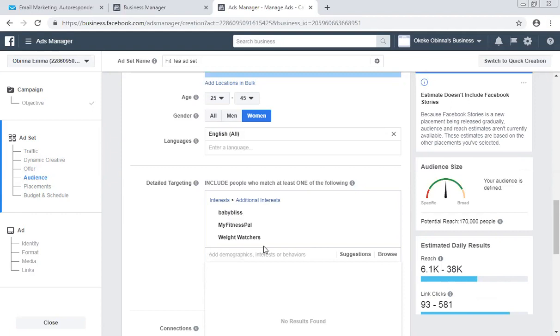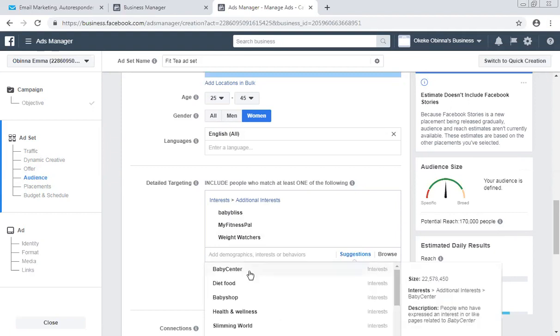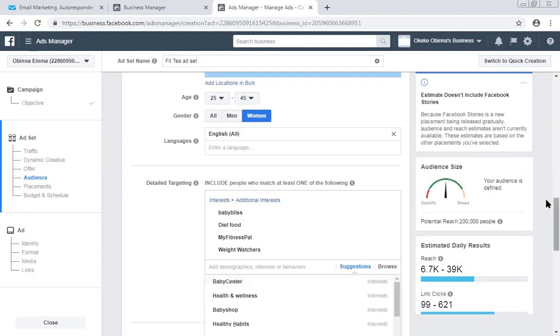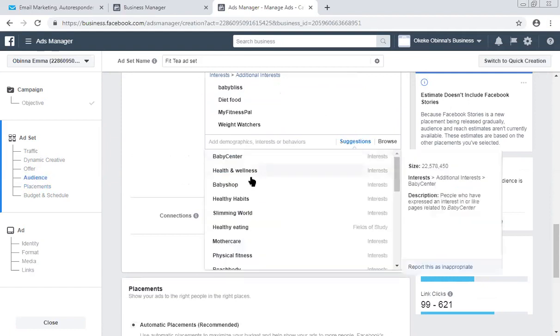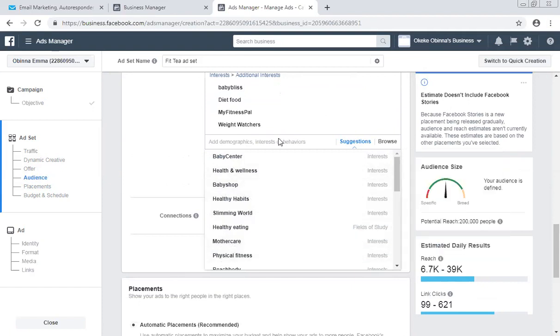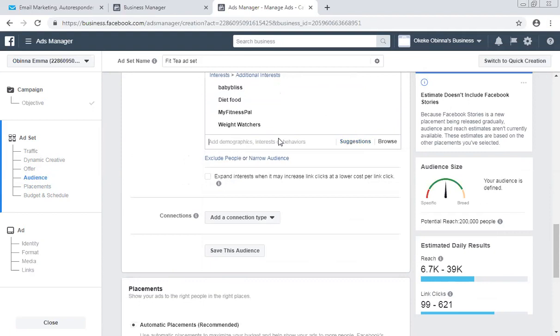When you click on suggestions, you can see Baby Center, diet food. Diet food is good. Of course, so many people that want to lose weight are interested in dieting, right? You click on suggestions again, and you can see Slimming World, healthy eating, physical fitness. So you can even get enough interests to target from here. I repeat, you just have to do your homework well.